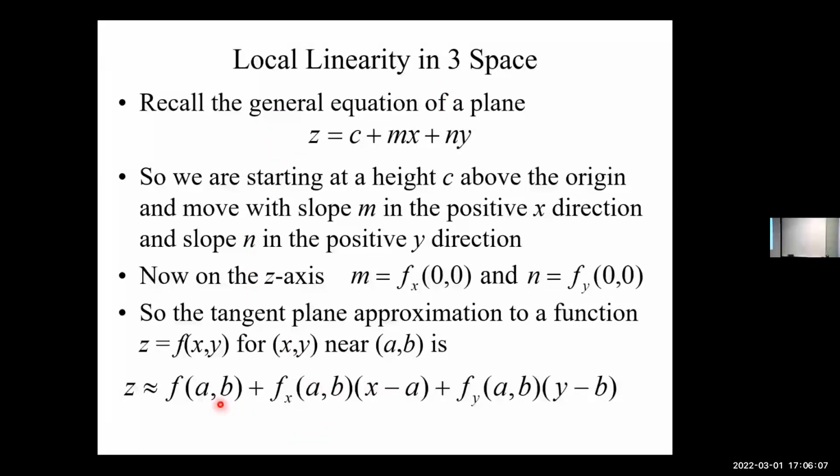So a tangent plane in 3D would be where we match the function value, the partial with respect to x, and the partial with respect to y. What that does is give us a local approximation of our surface.